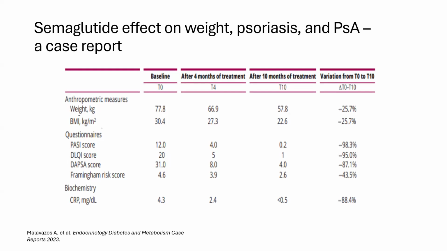They went on semaglutide, and look, just with semaglutide alone, they were able to improve their psoriatic arthritis. They lost weight, their skin scores improved, the PASI score, their DAPSA score, which is a measure of tender and swollen joints, improved, and their CRP, an inflammation marker, went down.